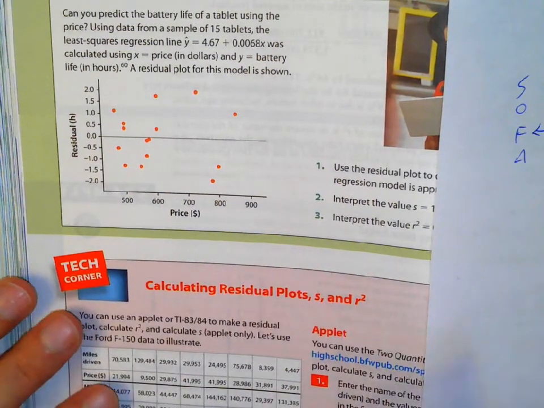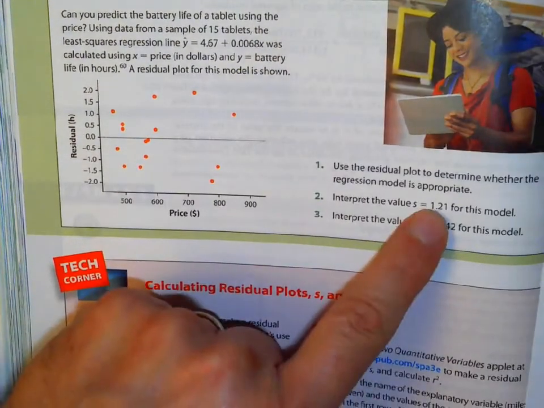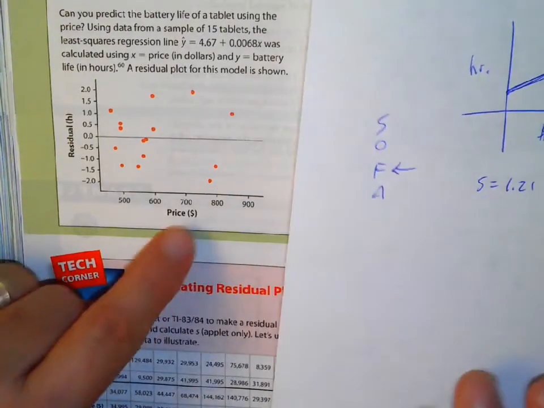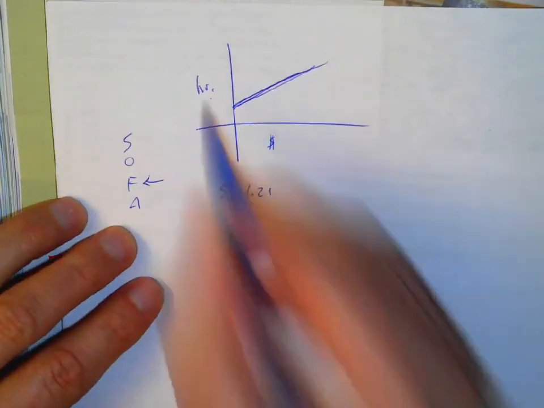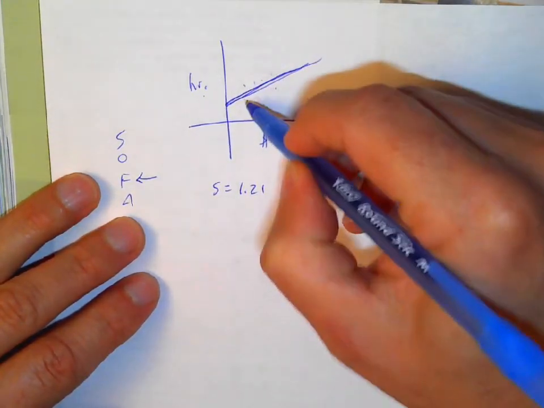Next one, S. If S equals 1.21, what does that mean about price and number of hours? Think about that: it's the residuals, the average error.